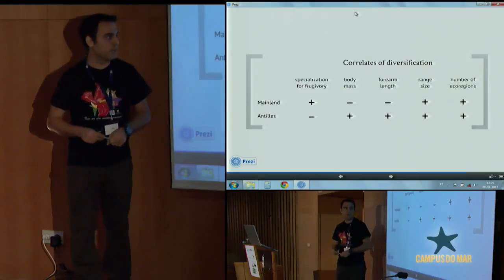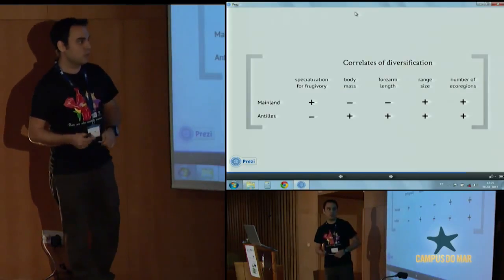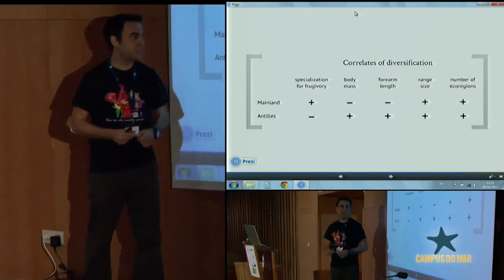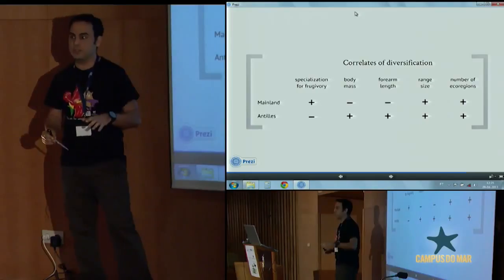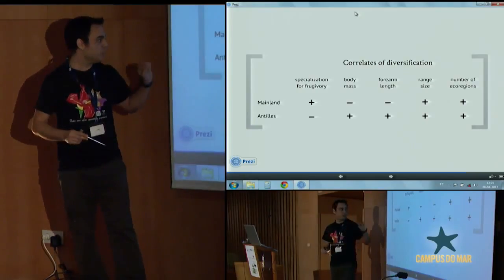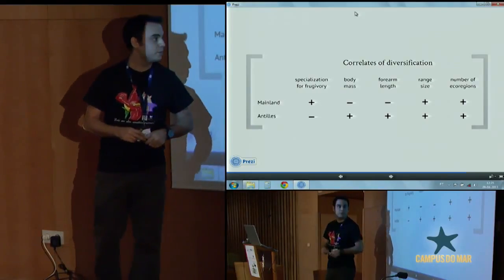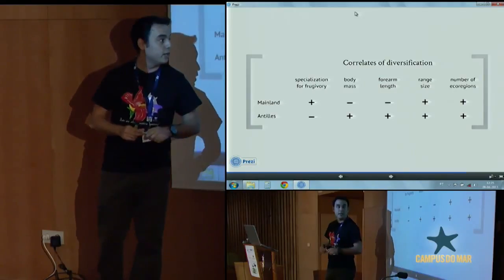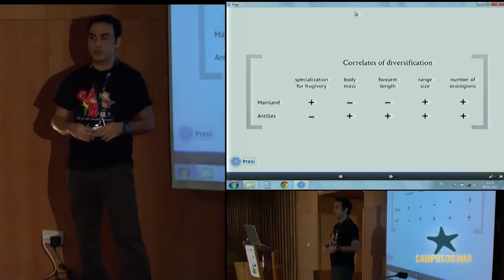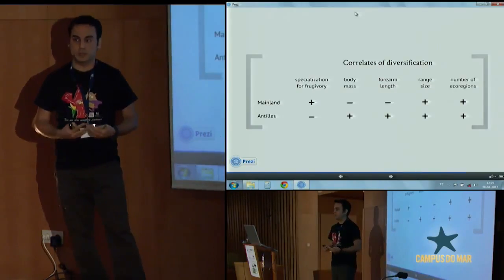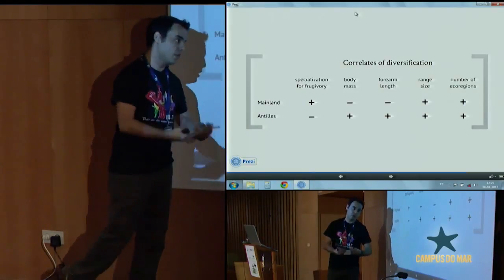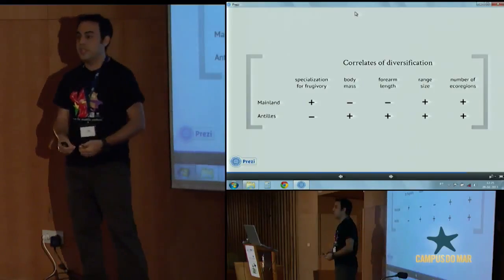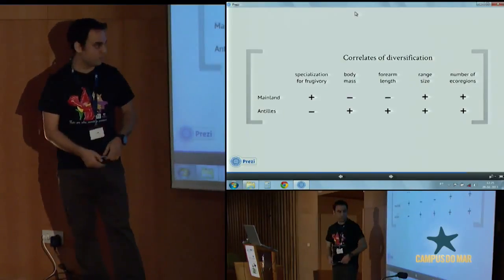Also, a contrasting pattern was detected in body size, but I want to call your attention to range size and number of ecoregions, whose relationship with diversification rates was positive in the two biogeographical scenarios, and this supports the hypothesis that occupation of new habitats may be a source of ecological opportunity that may influence positively events of speciation.